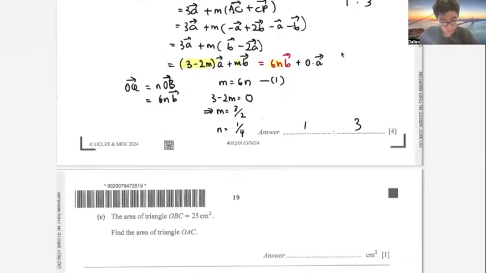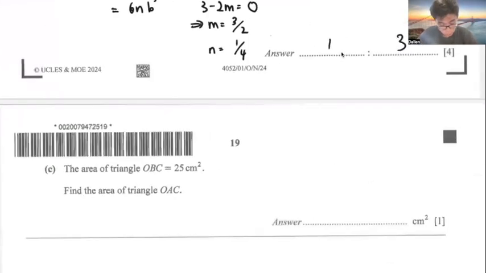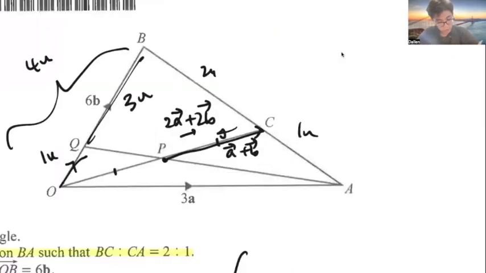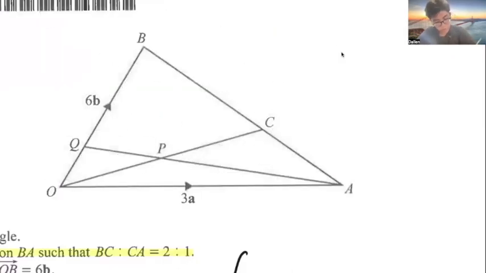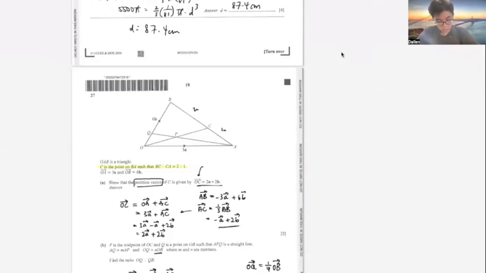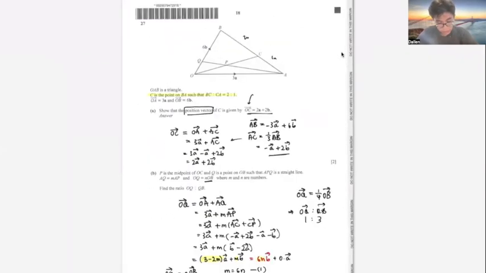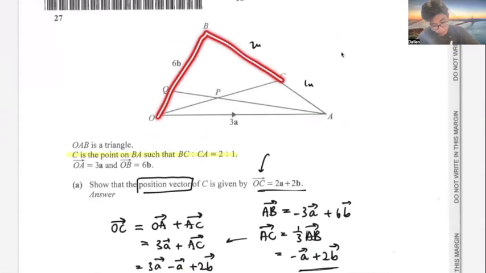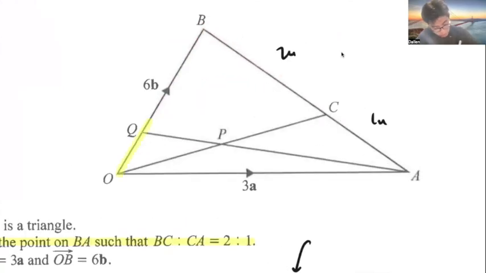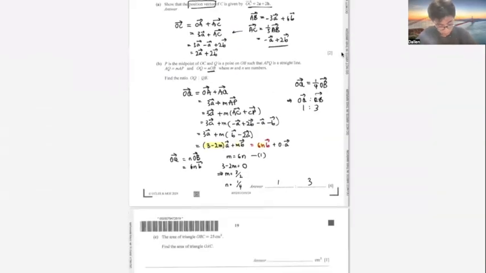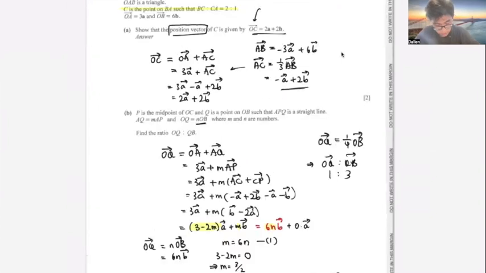Okay, last part. The area of the triangle OBC is 25. Let me erase everything. We don't need this anymore, but we still need this. The area of triangle OBC is 25. Find the area of OAC.